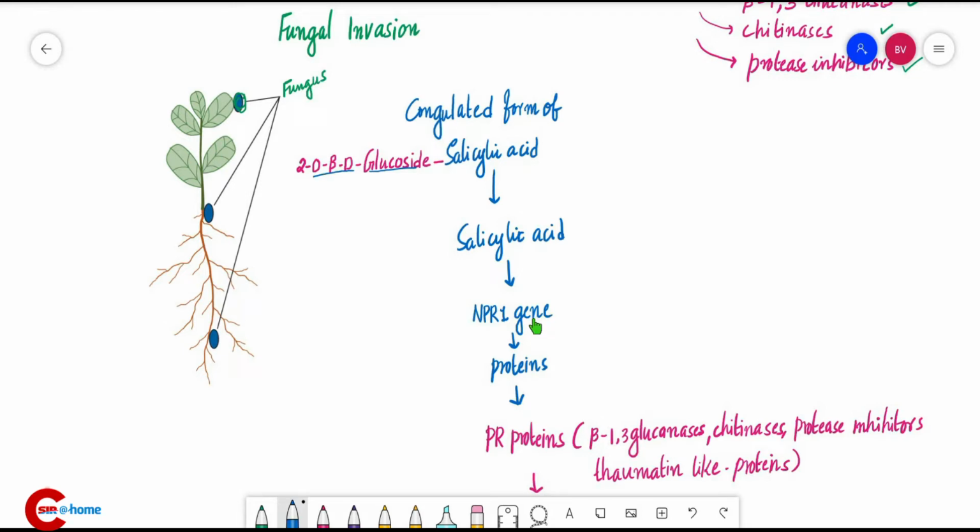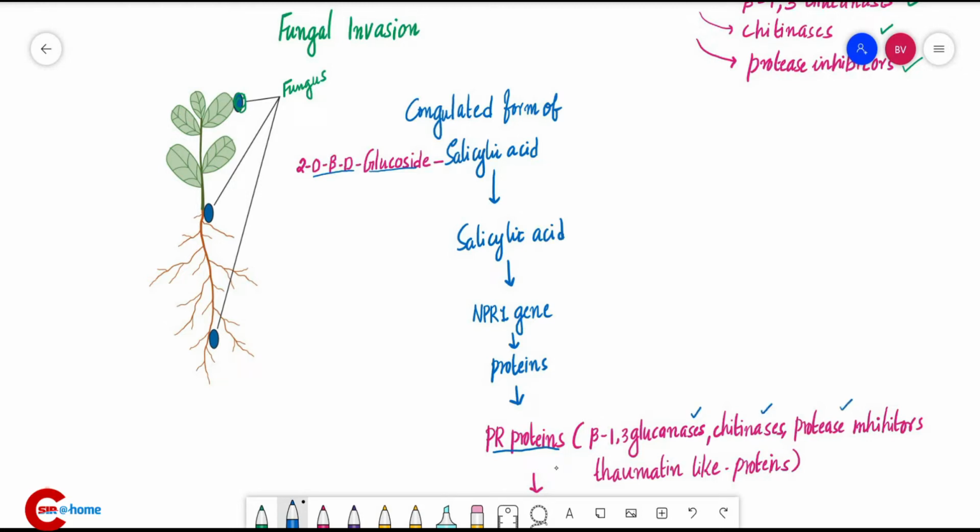induces the expression of NPR1 gene. Which gene? NPR1 gene. And this NPR1 gene produces some proteins, and those proteins induce the pathogenesis related proteins.